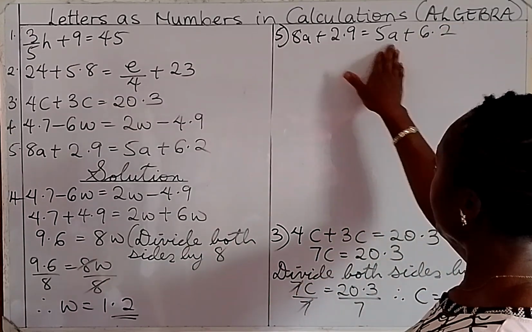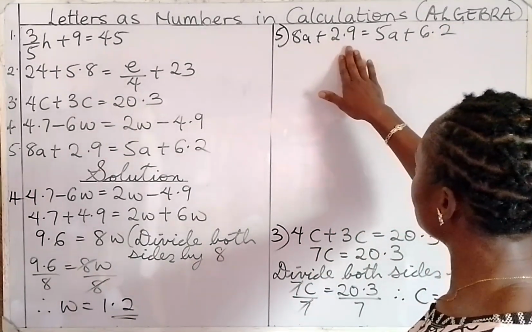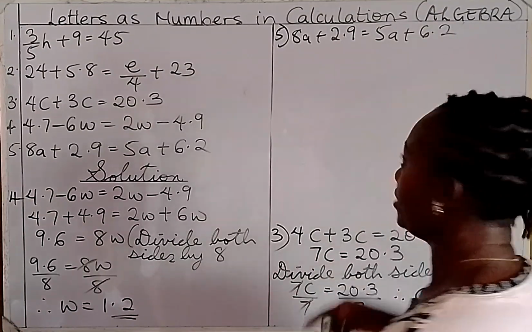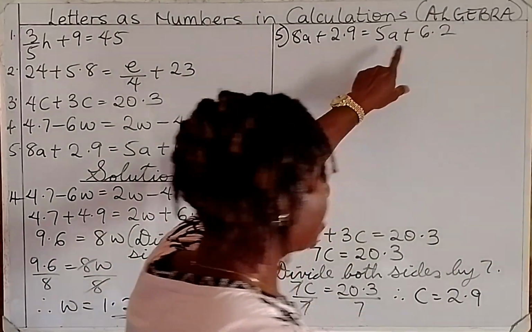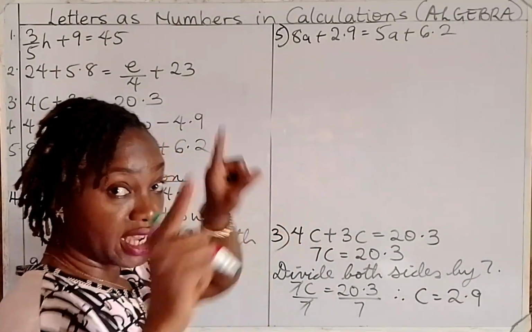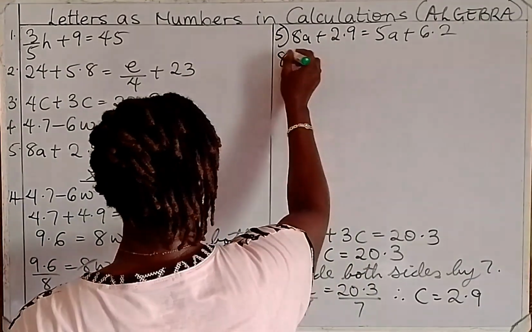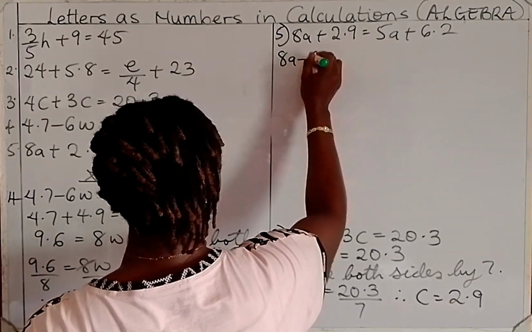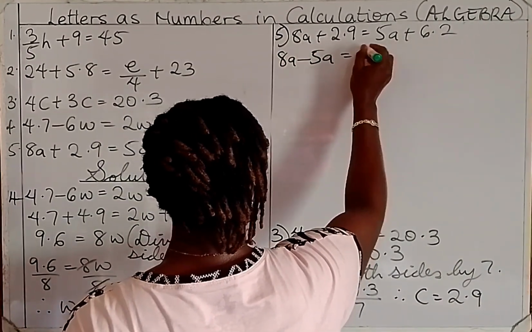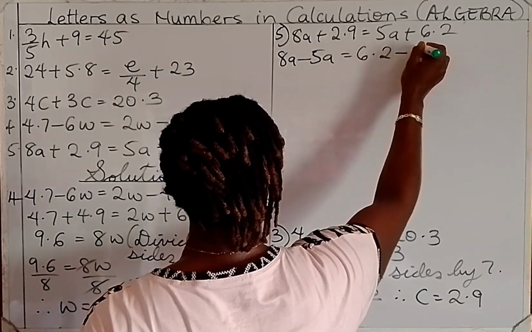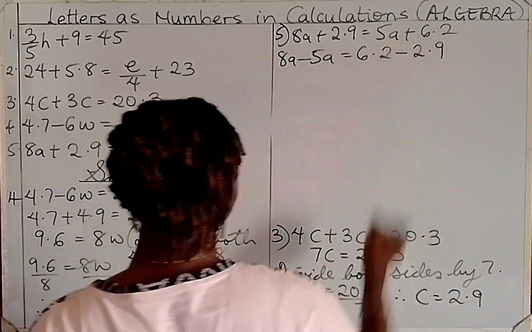So 5a comes to the left hand side and plus 2.9 moves to the other side. Remember what I said, when the sign is crossing the equal to sign, it changes. So this becomes 8a minus 5a equals 6.2 minus 2.9.